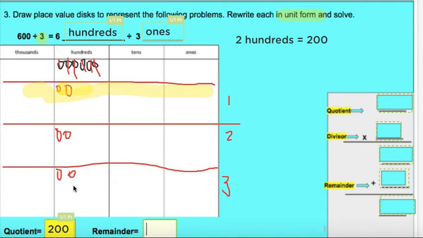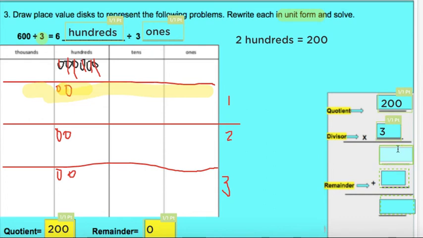Did we have any discs left over? No, so our remainder is 0. And now it's time for us to check our work. We're going to take our quotient, which we found is 200, multiplied by our divisor. Which one of these numbers is our divisor? Is it 600 or 3? Which one?